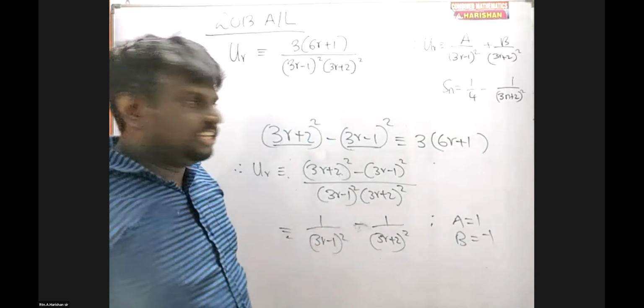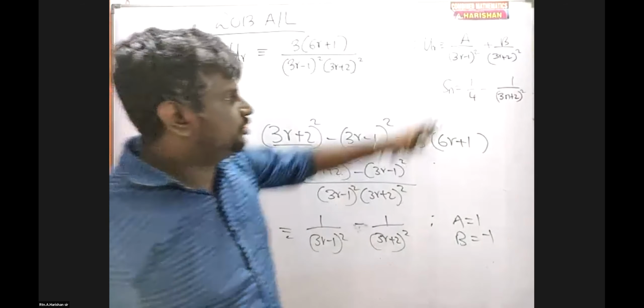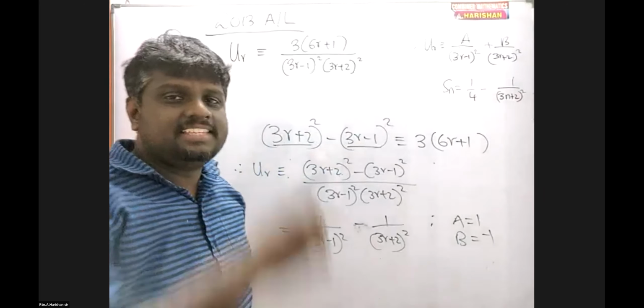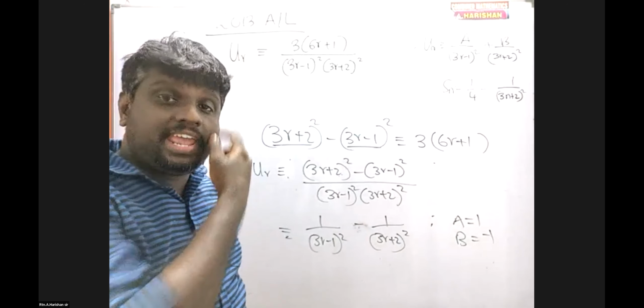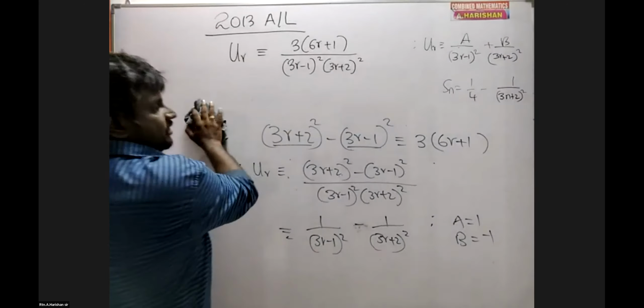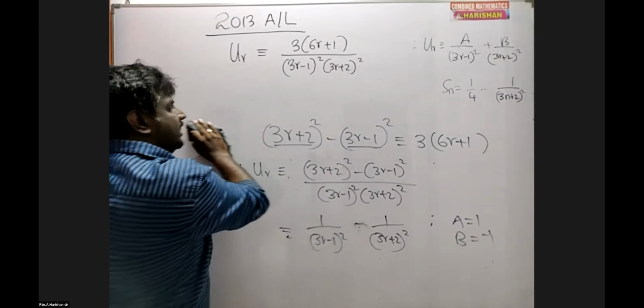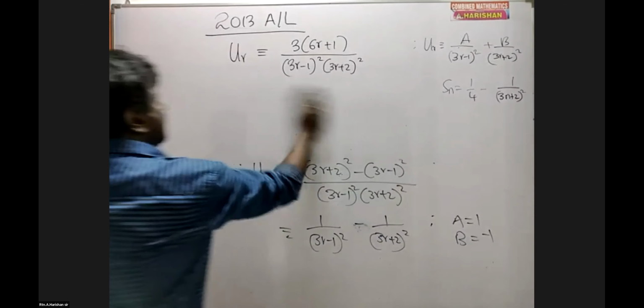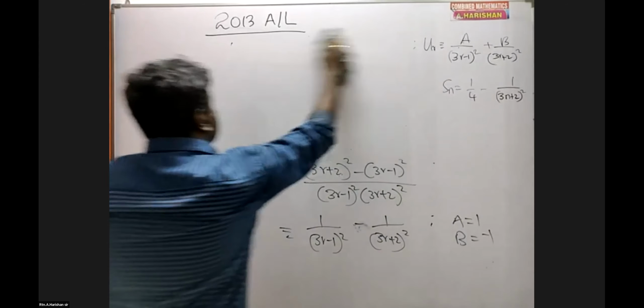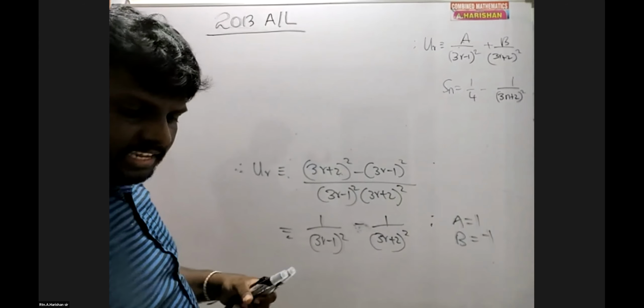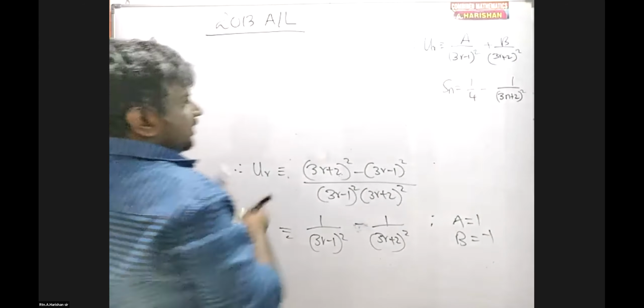After that, you have to show Sn. What is Sn? Sigma r from 1 to n. That is Sn. Okay, shall we do that one also? I erase this.